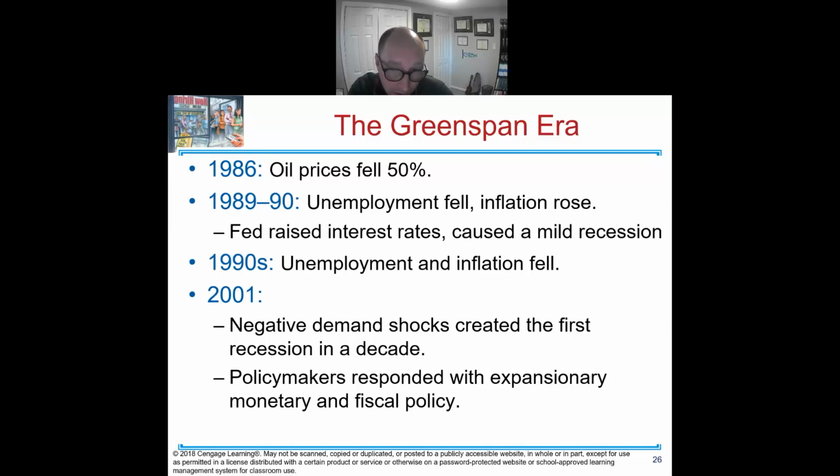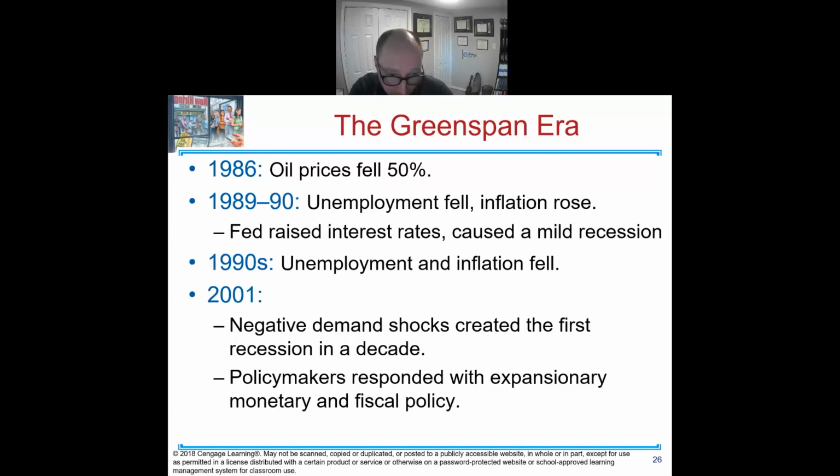Sometimes a good policy to enact. This ultimately led to what we call a mild recession. Recession, as you know, is a higher unemployment rate and less economic output. Throughout the 1990s, unemployment and inflation ultimately fell, which was good. The 1990s was a good time.